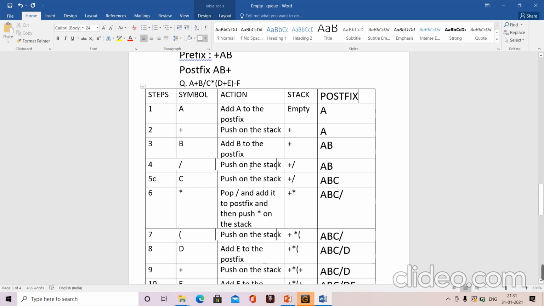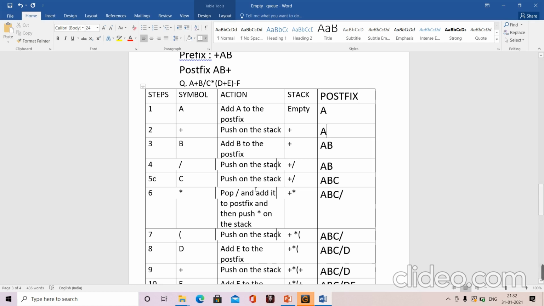Now we will compare the precedence of multiplication with that of the plus operator. Since the precedence of plus is less than that of multiplication, the multiplication operator is pushed onto the stack.